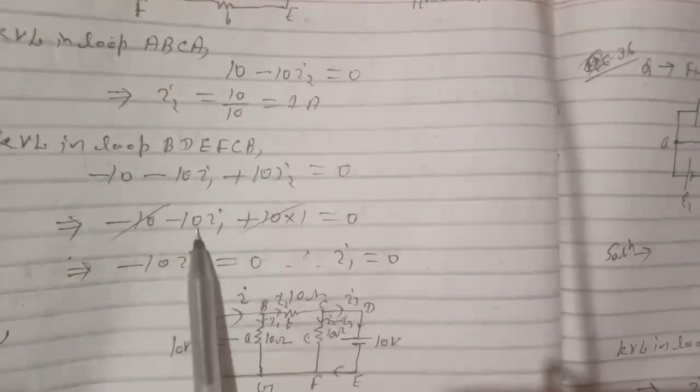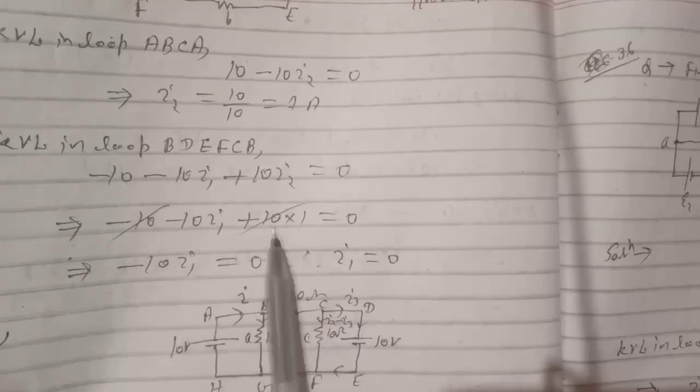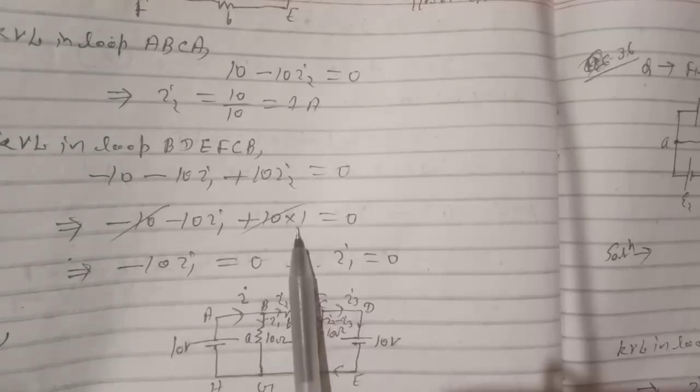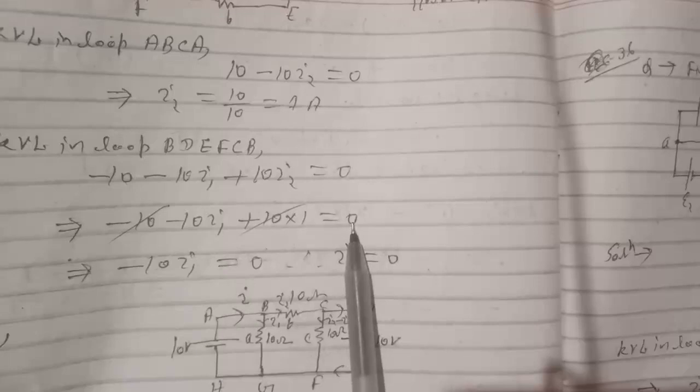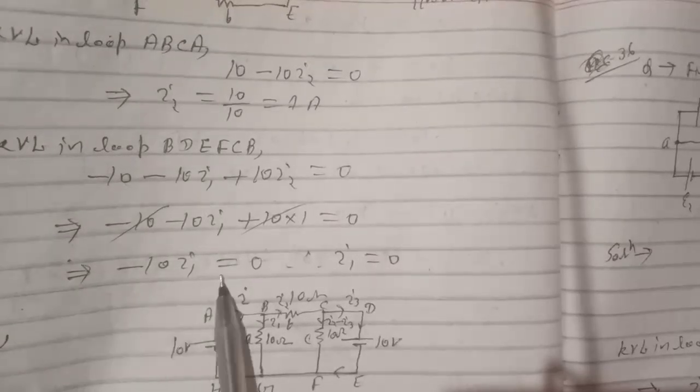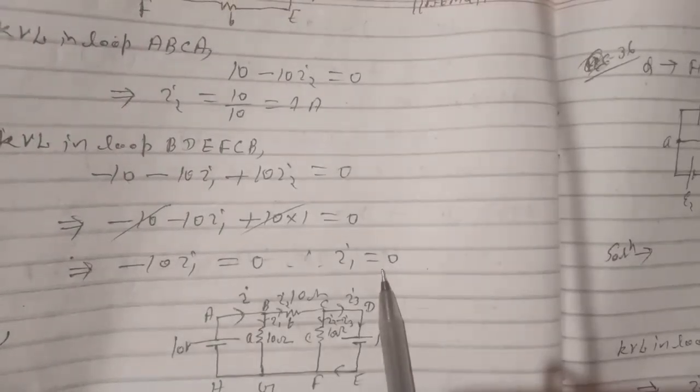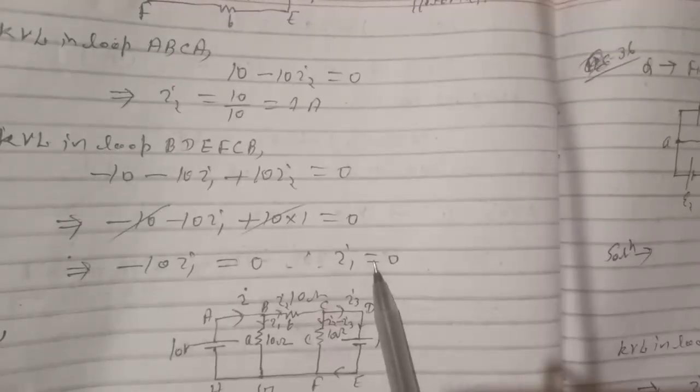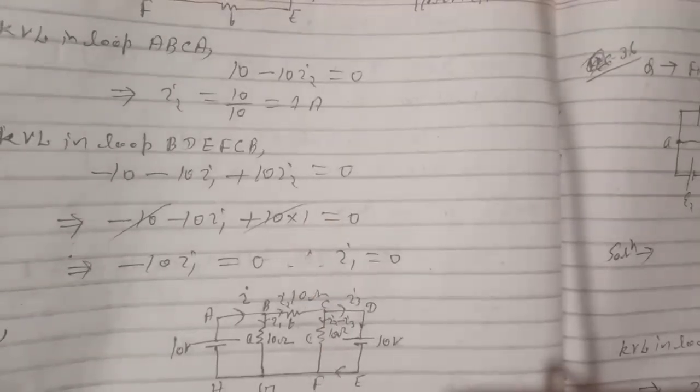This implies minus 10 I1 plus 10 into 1, putting the value of I2, and this will cancel. This implies minus 10 I1 equal to 0, hence I1 equal to 0. So in circuit, I1 current is 0 and I2 is equal to 1 ampere. Answer.